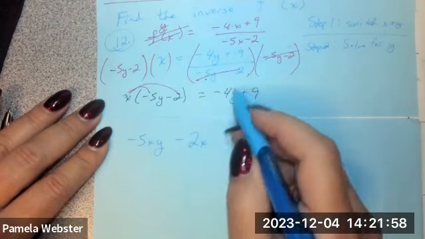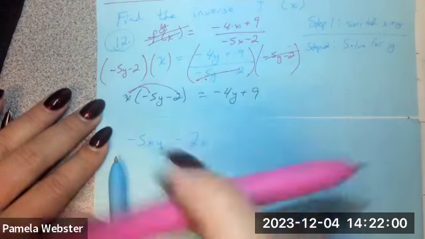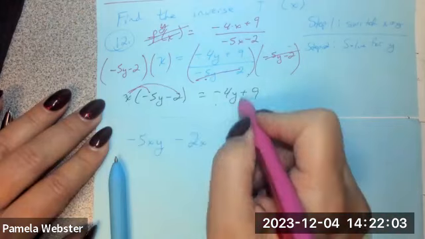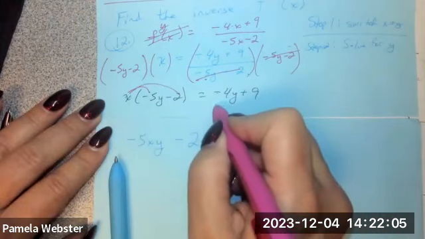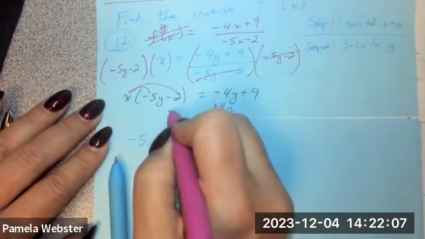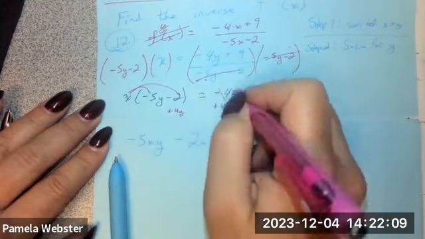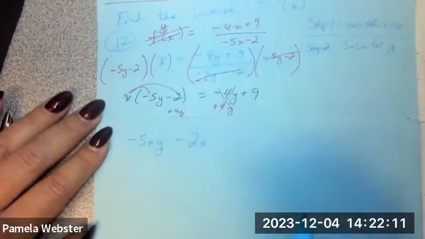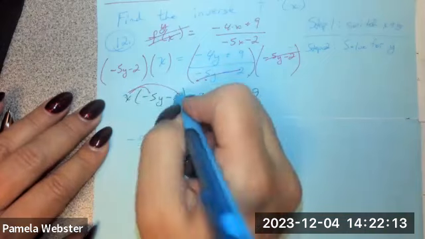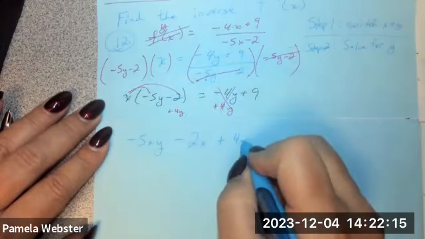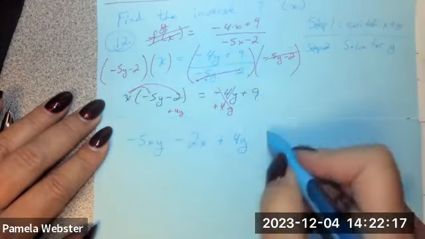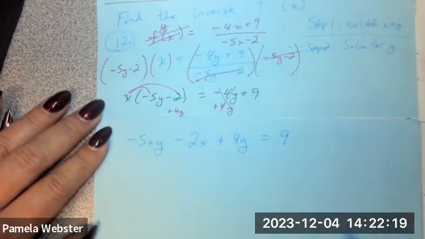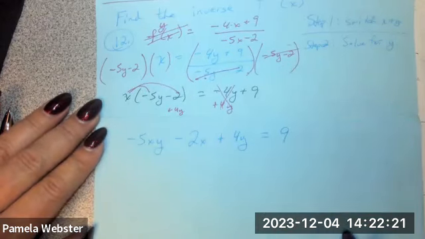I'm going to move this 4y. It is being subtracted, so I'm going to add a 4y to both sides. I just want to go ahead and get it moved over. So I've got this distributed through plus 4y, and the only thing left on the right-hand side right now is a 9.